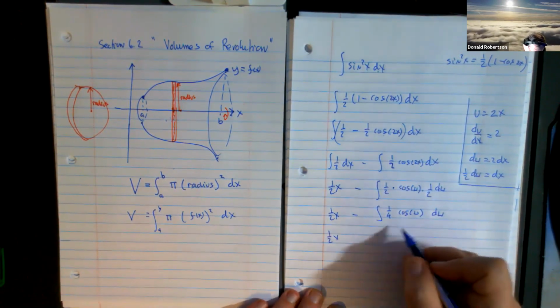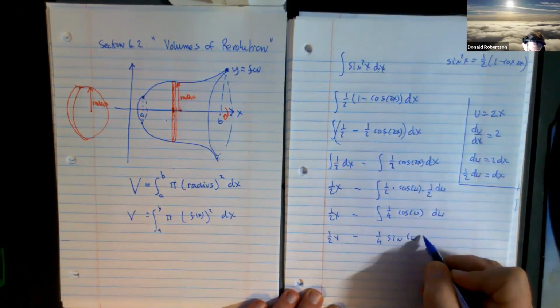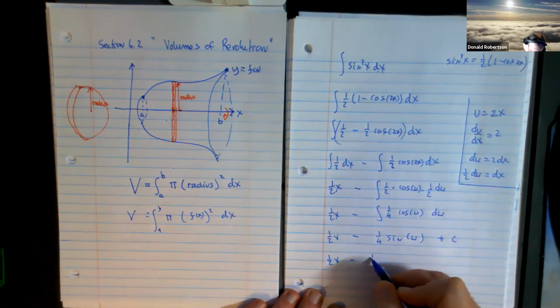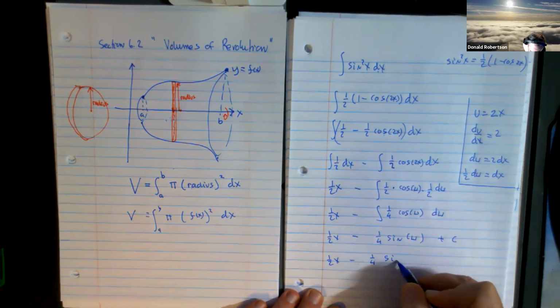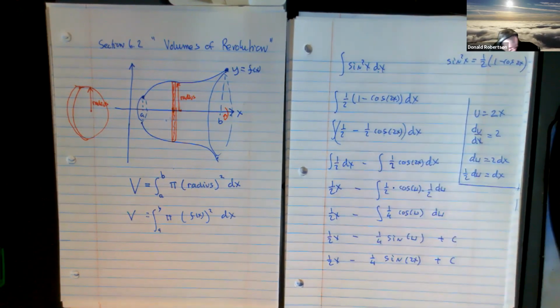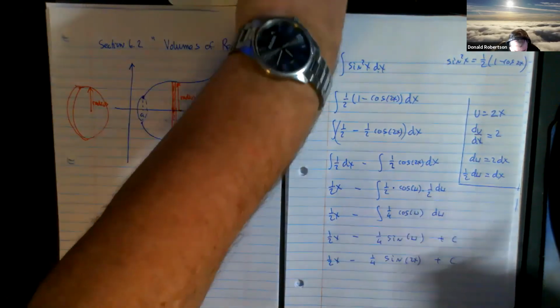If you integrate a cosine, you get a sine. And make sure everybody gets converted. So we now have a new guy.